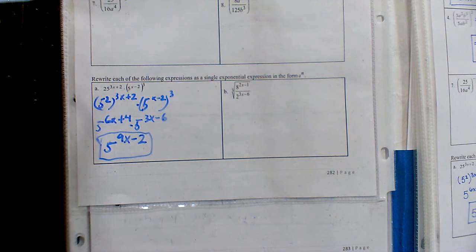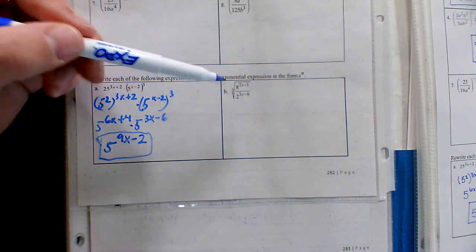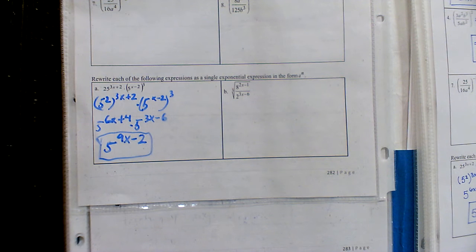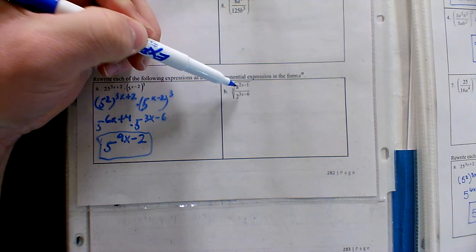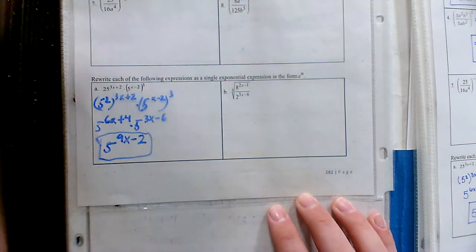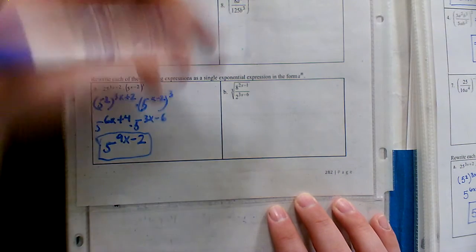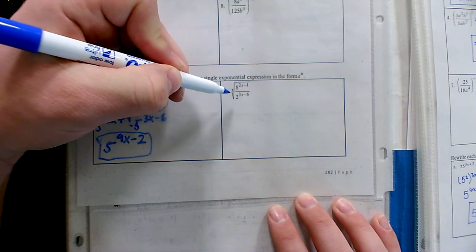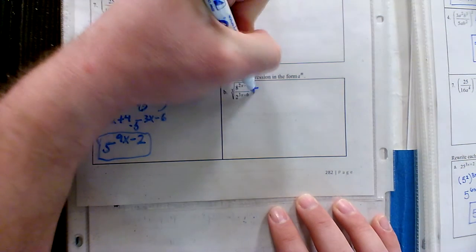All right, let's take a look at B. Are we going to try to make the bases 2 or 8? We want the bases to be 2. Yeah. How can we make an 8 into a 2? 2 cubed. 2 cubed, yes. So I'm going to do two things at once. Instead of a third root, I'm going to make it to the 1/3 power.